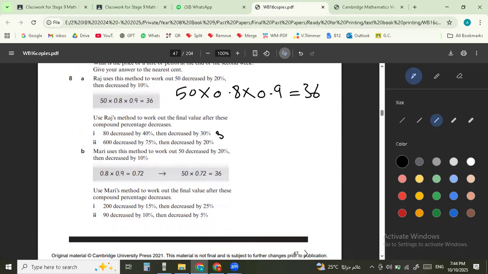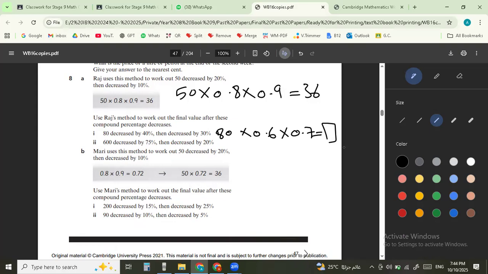So it's going to be 80 times the decrease here, 40%, so it becomes 60%, which is 0.6, times the decrease here of 30%, which makes it 70%, which is 0.7. Work out the answer to this, it gives you the new value.